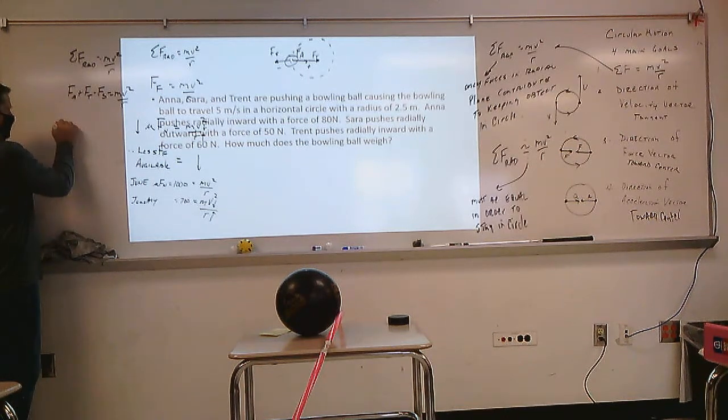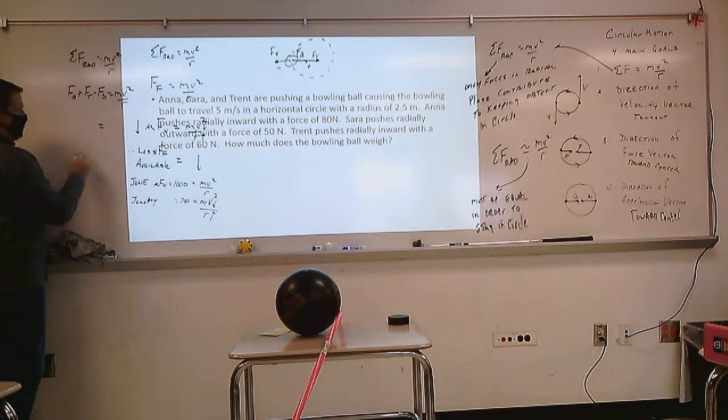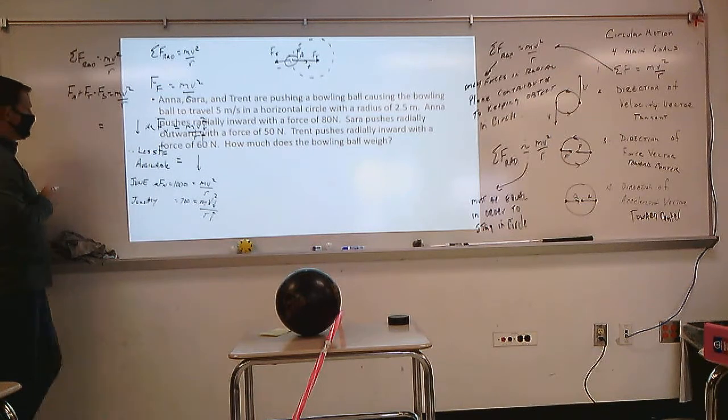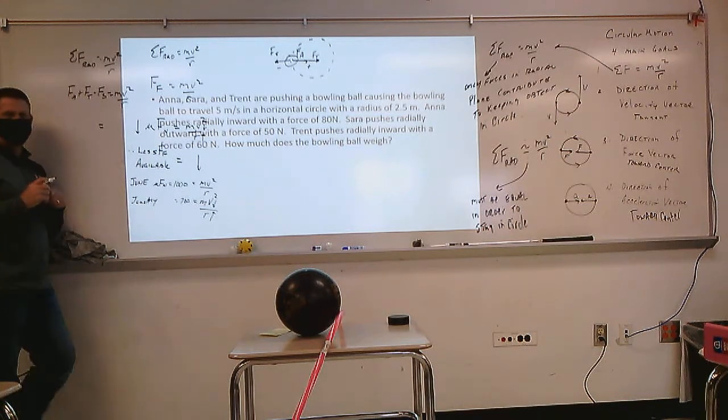You can make mass divided by 9, or wait, no. If it's mass, you can multiply it by 9.8, and then that's your weight. Yes. So how do I get weight into here?